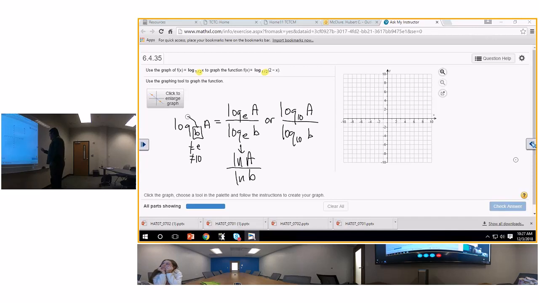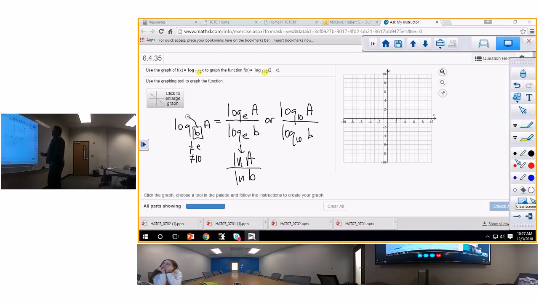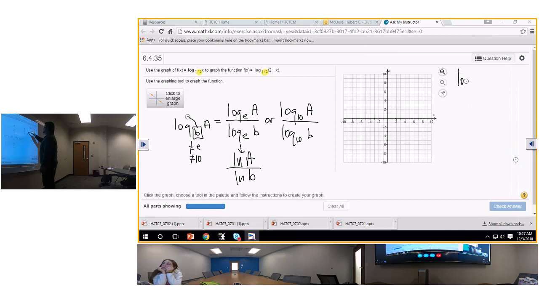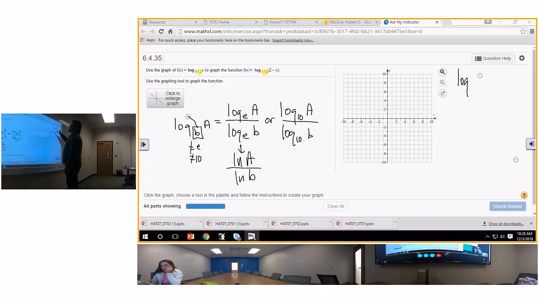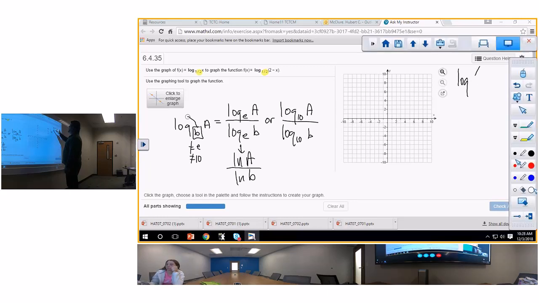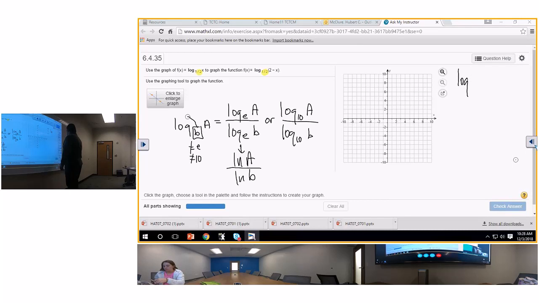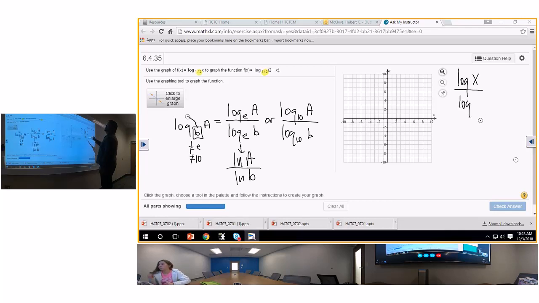So I'm just going to change that first one into LOG, which is log base 10, of x over log base 10 of 1/2. And you would do that in a calculator. So there is your new formula right there.